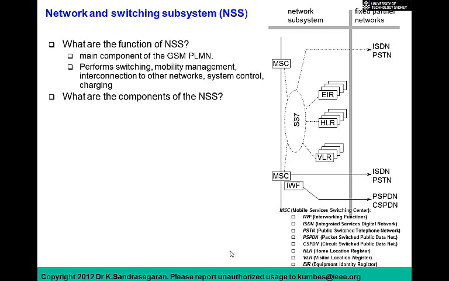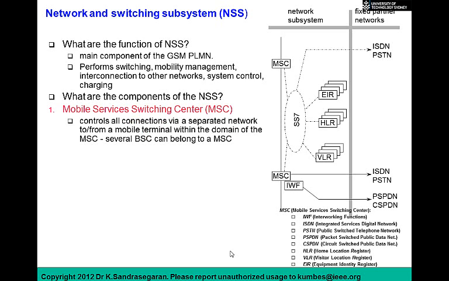In terms of the components of the NSS, the main component is the MSC, Mobile Services Switching Center, and this is usually a very expensive piece of equipment, and you will see that the same MSC will continue to be used in a 2.5G as well as a 3G network.